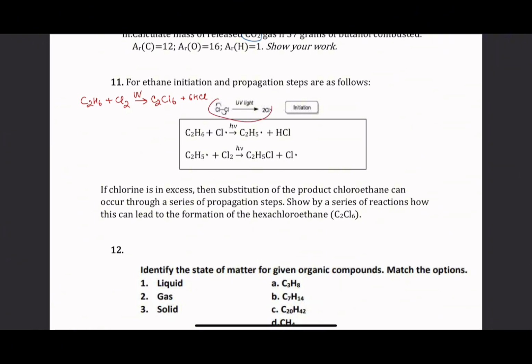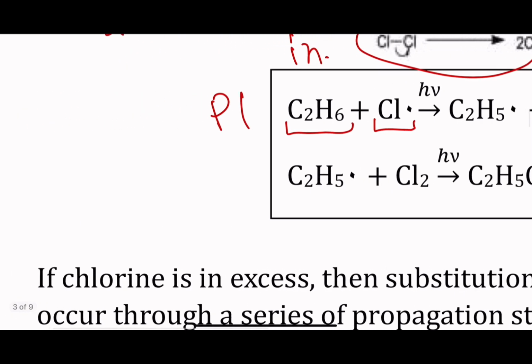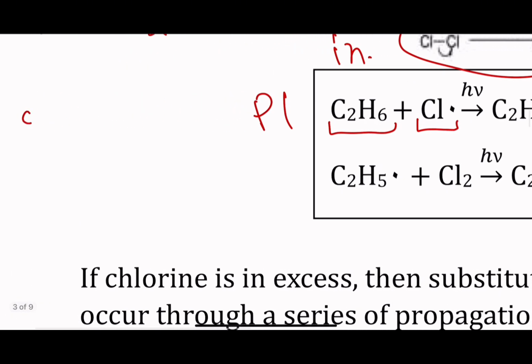So this is the initiation, this is initiation, this is propagation 1. So look at here, C2H6 reacts with chlorine. Now propagation is always compound reacting with radical, giving out compound and radical again, okay?